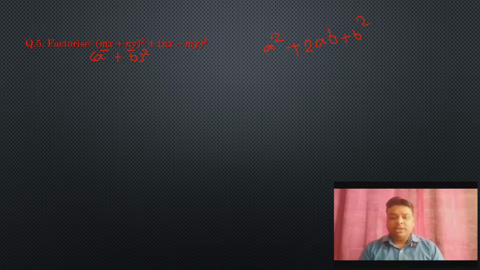It means if we put mx plus 9y, then mx to the whole square, same as plus 2 into, now the value of a is mx, and the value of b will be what? ny, okay, same as after that plus b square, it means ny to the whole square.